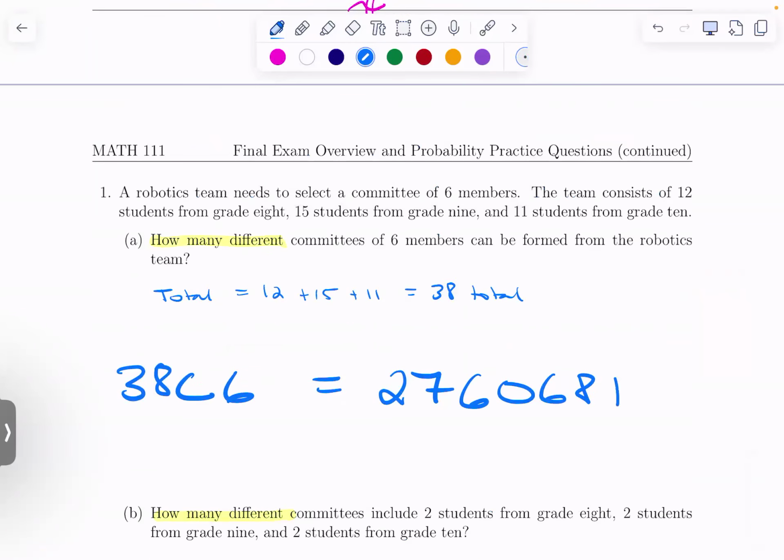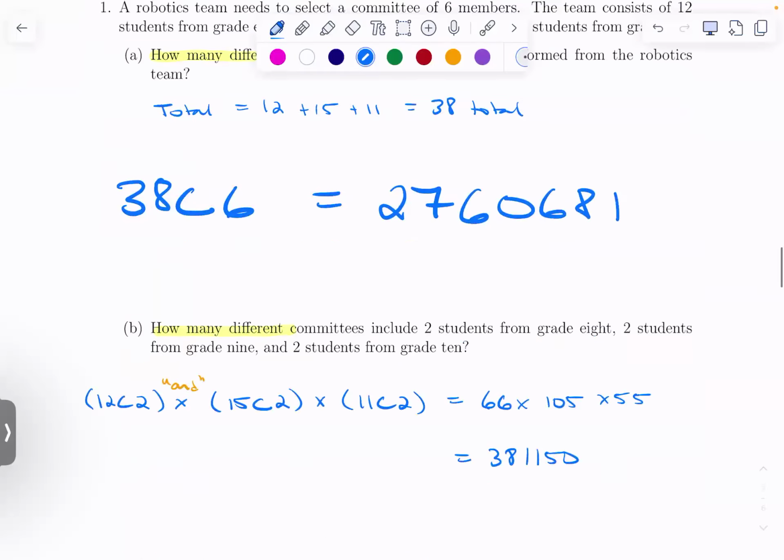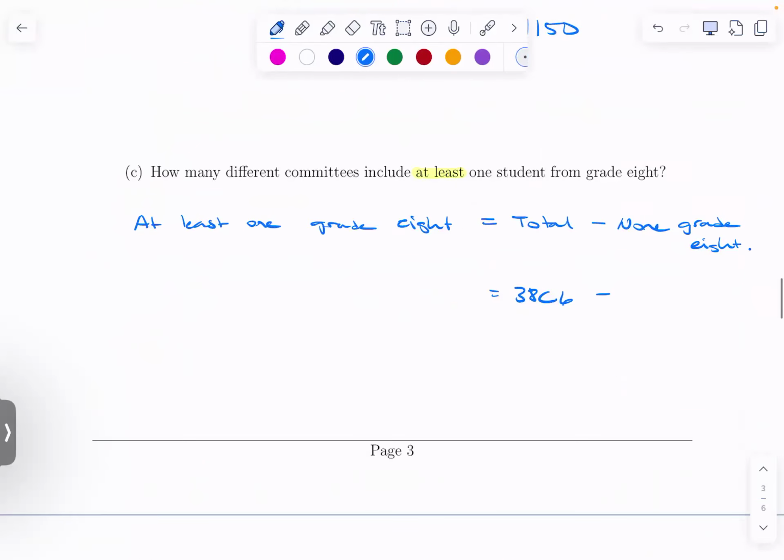I have 12. So then I have 26 who are not in grade 8. So this is grade 9 and 10. I'm forcing them to be from grade 9 or 10, and I want to choose 6 from there. 26 choose 6.